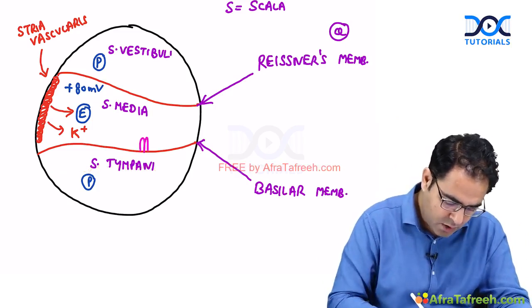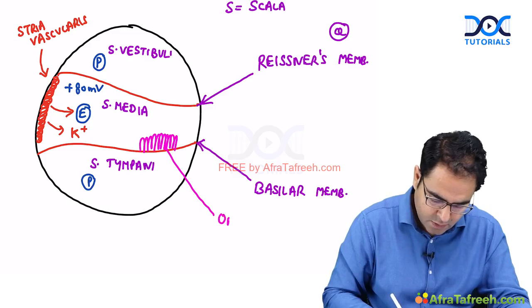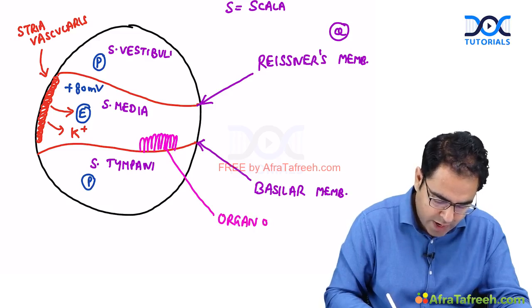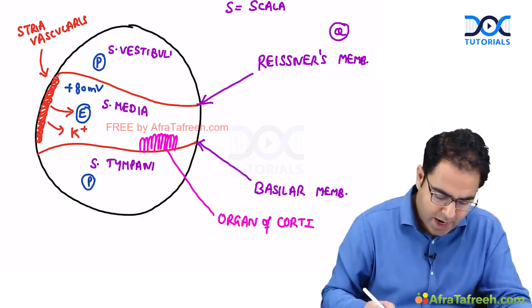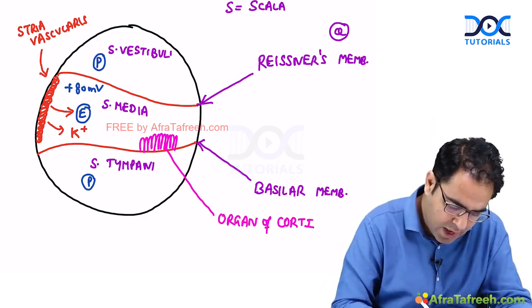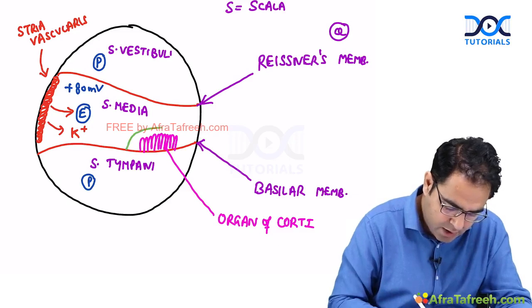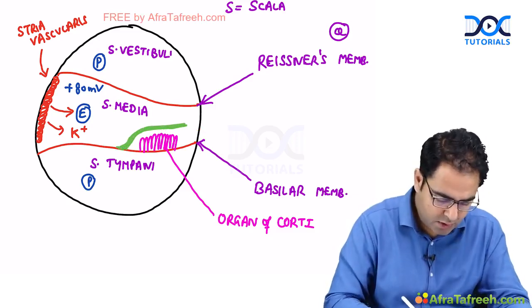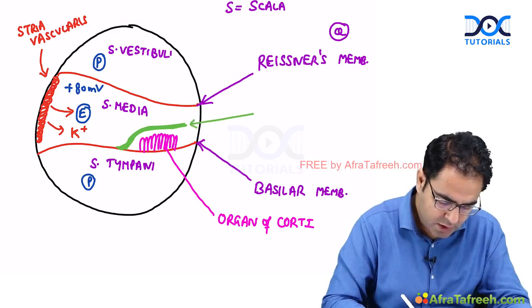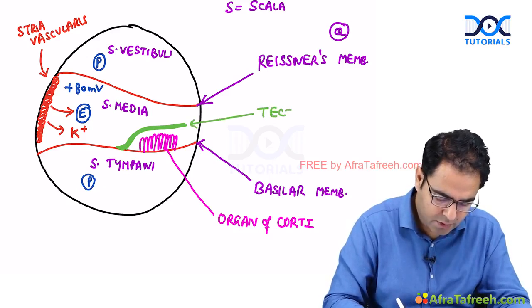This is your organ of Corti. I hope you know the organ of Corti is the sensory end organ of the cochlea. The organ of Corti is covered by another membrane, and that is called the tectorial membrane.